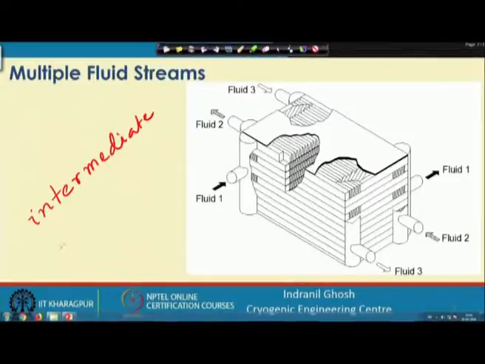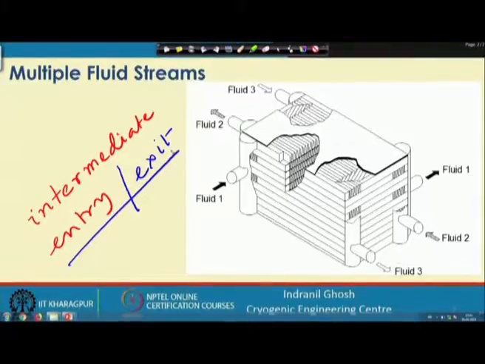Intermediate entry of the fluid stream and intermediate exit of the fluid stream is possible. That means it need not necessarily enter from this end and travel all the way along the heat exchanger length and come out from this end.